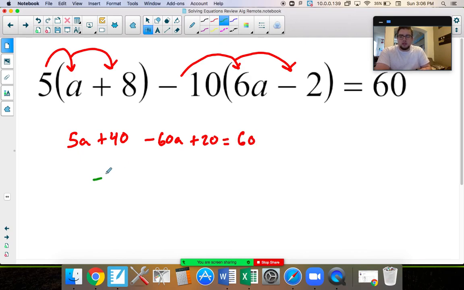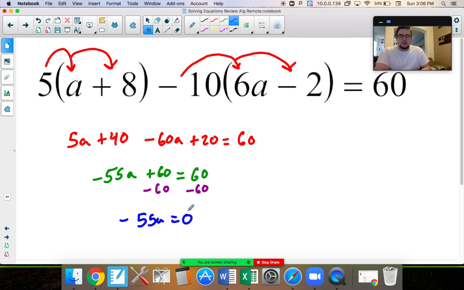Combine my like terms, so I get negative 55a. Combine our other terms, which gives us 60 is equal to 60. Subtract 60 from each side, and we get negative 55a is equal to 0.